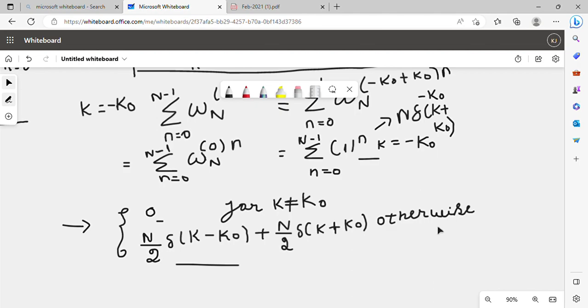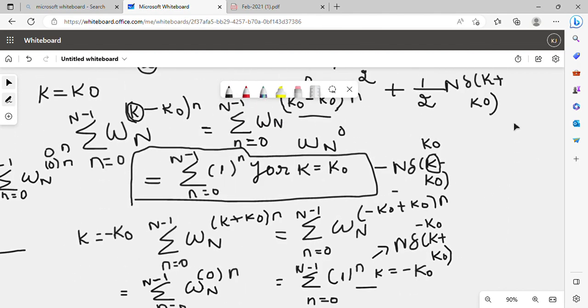Okay. For cos 2 pi k naught n by capital N, you could have a question based on sine also. It is the same question, but in place of cos you get sine. For that, the process will be the same and the result will be similar, but your Euler's rule will change.